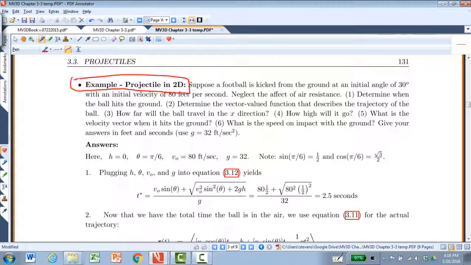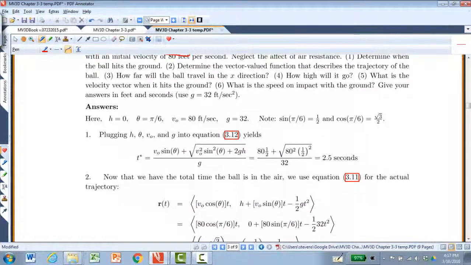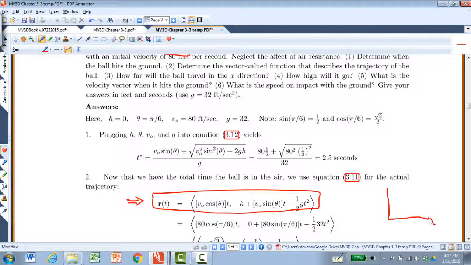Projectile in 2D, right? Basically what we came up with was, when we integrated the acceleration vector to get the velocity and then integrated the velocity to get the position, we wound up with this position function, which gives us the position in the xy plane, where x is distance along the ground and y was height above the ground.